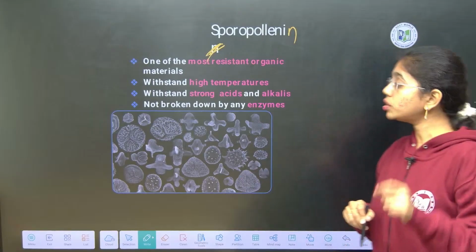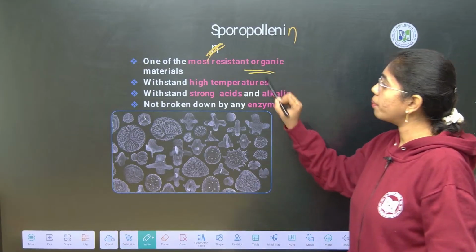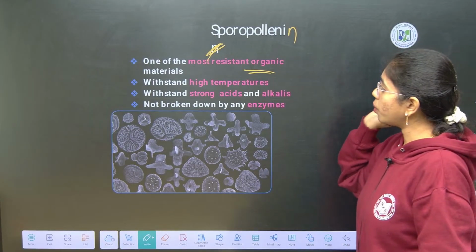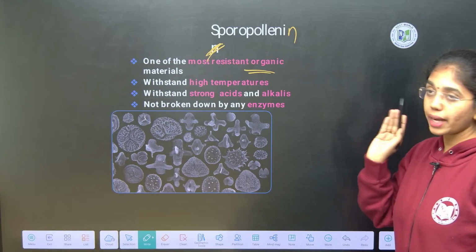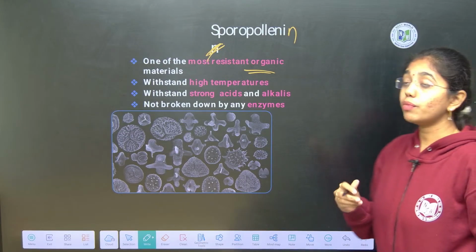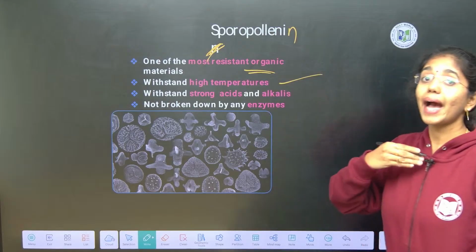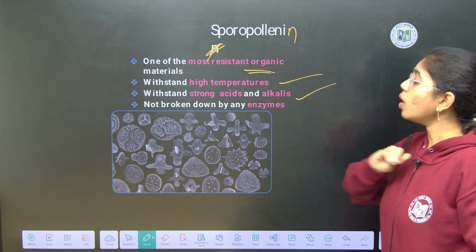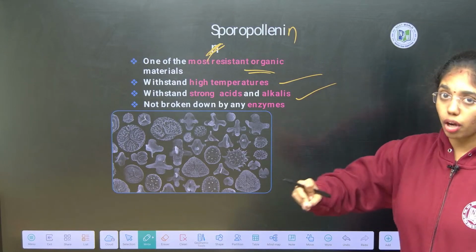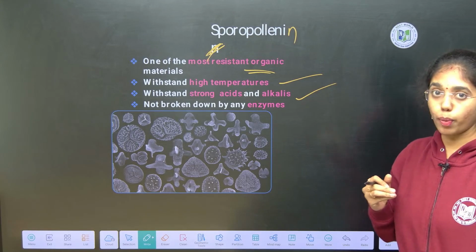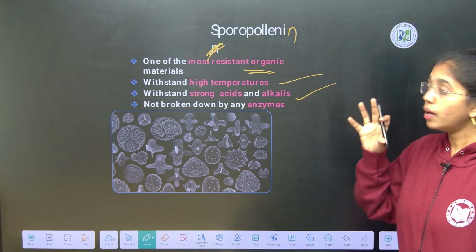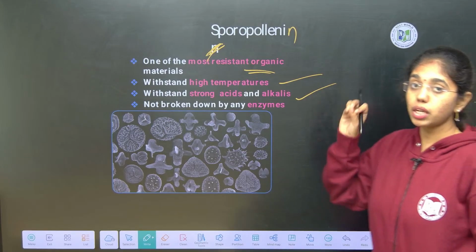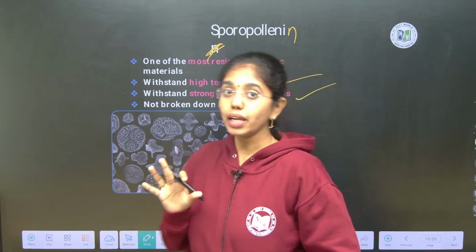Now you see the major importance of sporopollenin. Sporopollenin is one of the most resistant organic compounds. It can withstand high temperature, highly acidic conditions and highly alkaline conditions as well. No enzyme has so far been recorded which can break sporopollenin. That is the major toughest structure sporopollenin has.